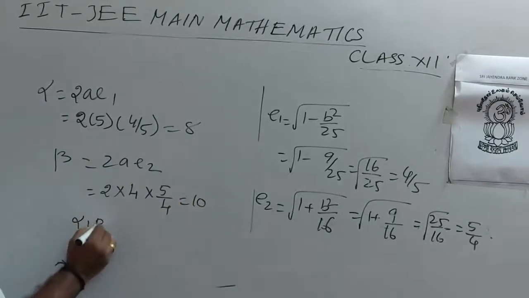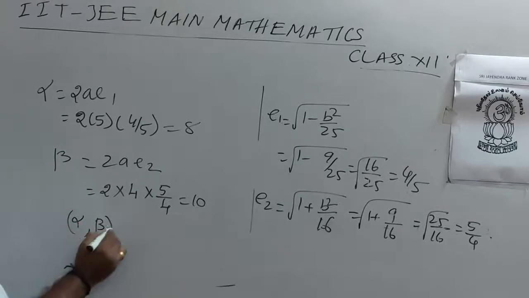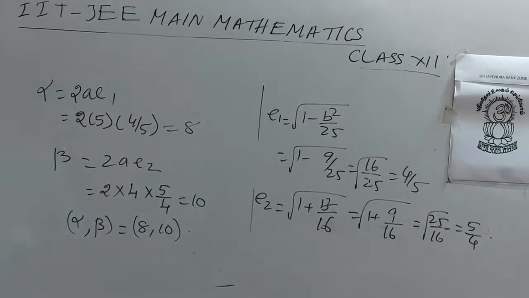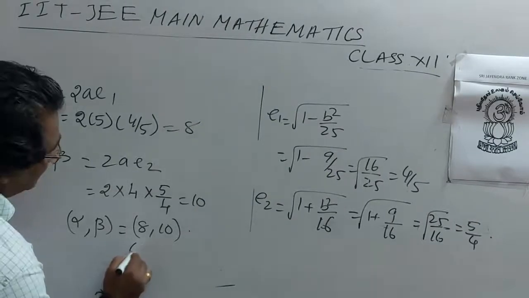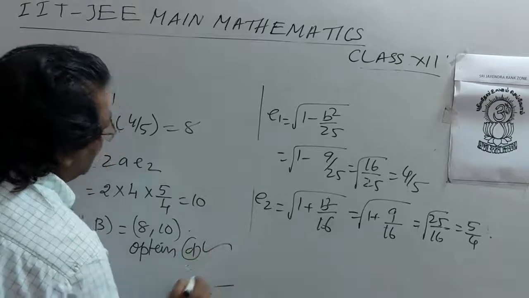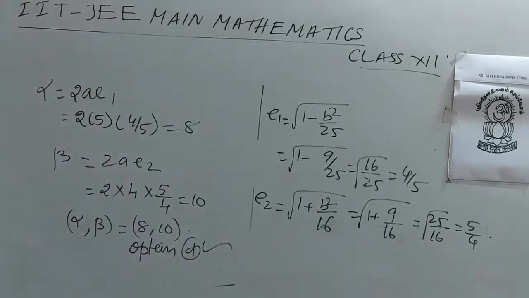So the pair alpha comma beta equal to 8 comma 10. So option D is correct.